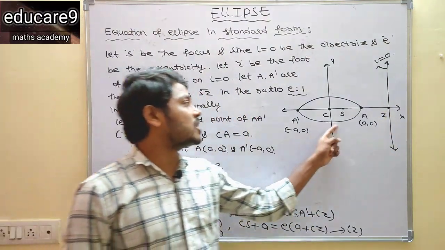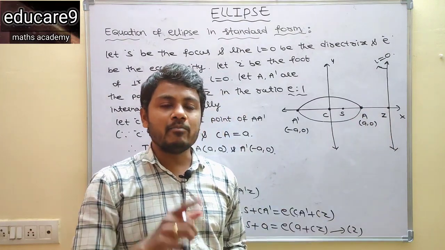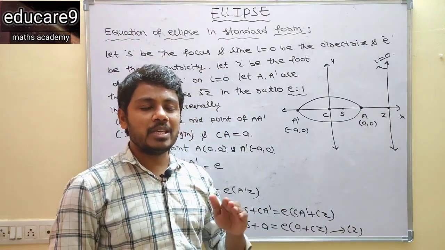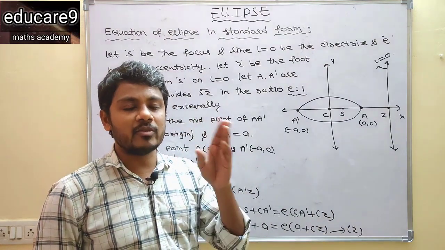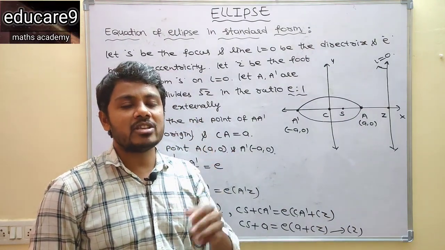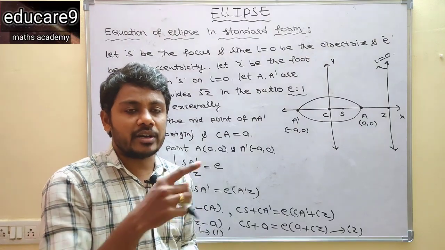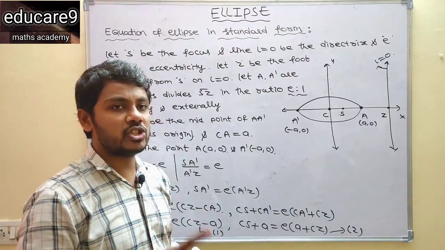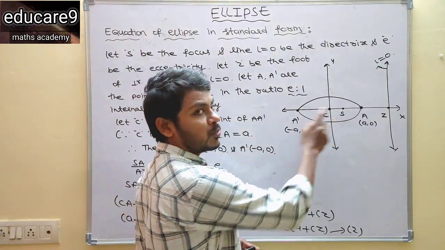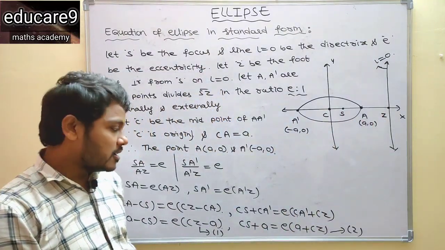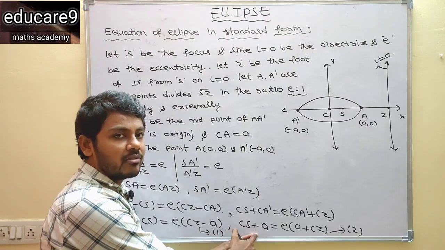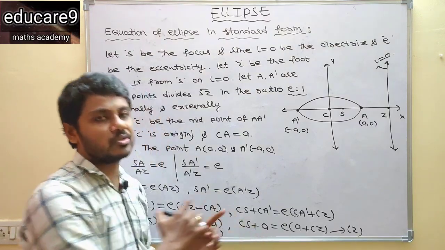If you know the focus and directrix, then by definition of ellipse, SP is equal to e into PM, where e is less than 1. So from that we will get the equation of ellipse in standard form. That's why first you need to find the focus point S and the directrix. So for that we have to add these two equations and subtract these two equations.